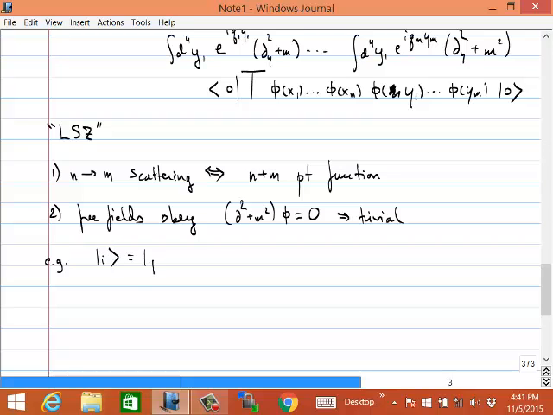Well, not really a scattering amplitude, but we could call it a transition amplitude. We have an initial state, which is just a single particle with momentum p, and a final state, which is just a single particle with momentum q. And let's ask what the various contributions to the scattering amplitude would look like.